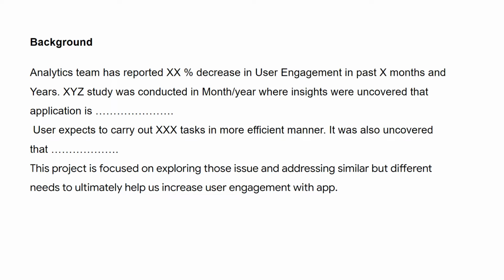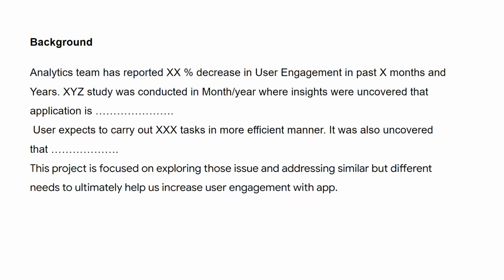Let's say it's something along the lines of: the analytics team reported this % decrease in user engagement in the past X months or years. And an XYZ study was conducted in this month and year, where insights were uncovered that the application is... include what was uncovered.